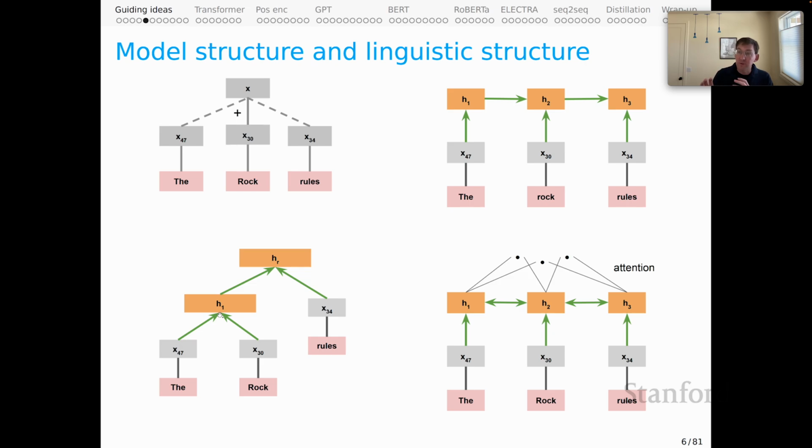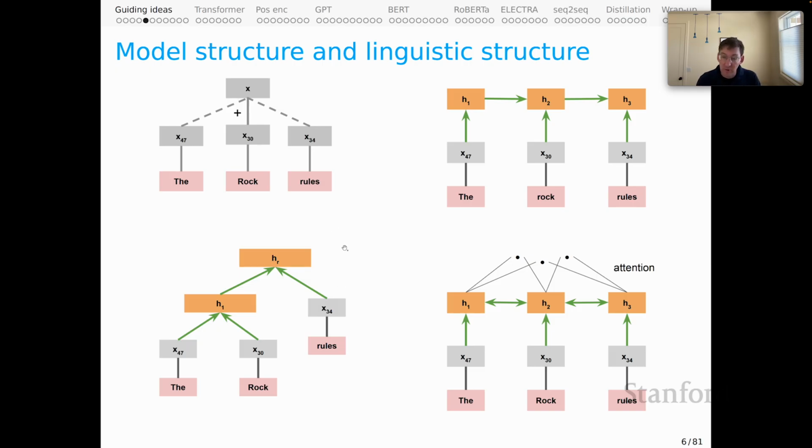That is very powerful in the sense that we could have lots of different functions that get learned for how to combine child nodes into their parents. But this model is kind of high bias because it decides ahead of time about how the constituent structure should look. You have to believe or know a priori that "the rock" forms a constituent in a way that "rock rules" simply does not. Whereas the models up here take a more free-form approach.